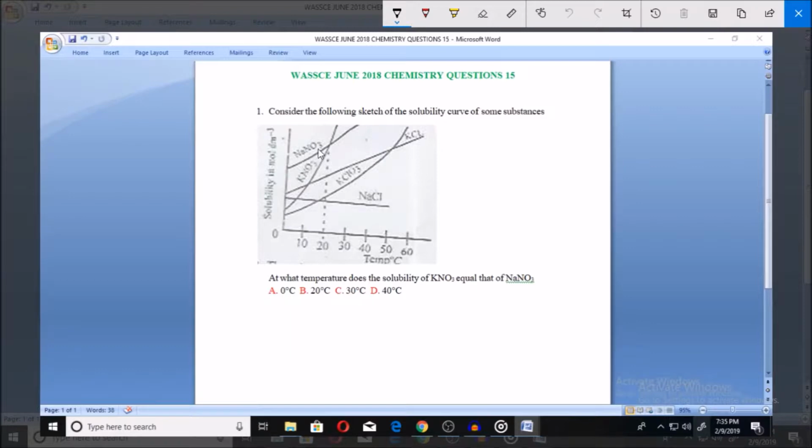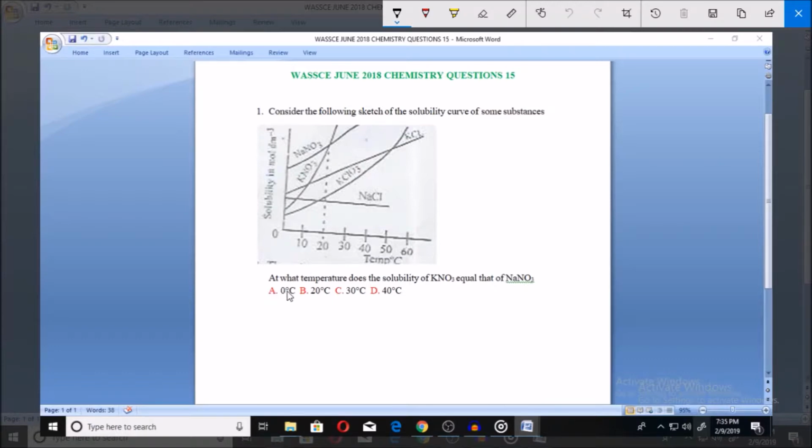You can see the different substances: NaNO3, KNO3, KClO3, NaCl, KCl. You can see these are the substances, and this is the temperature axis. Now, at what temperature does the solubility of KNO3 equal that of NaNO3?